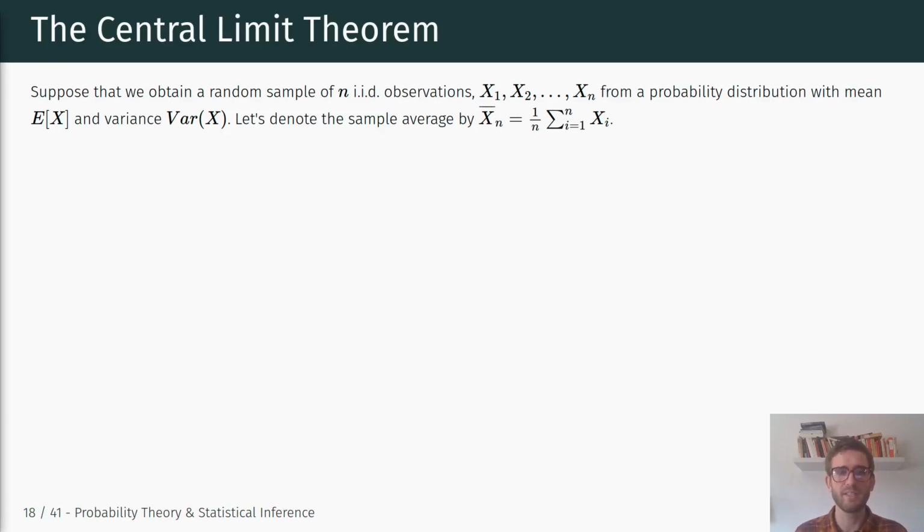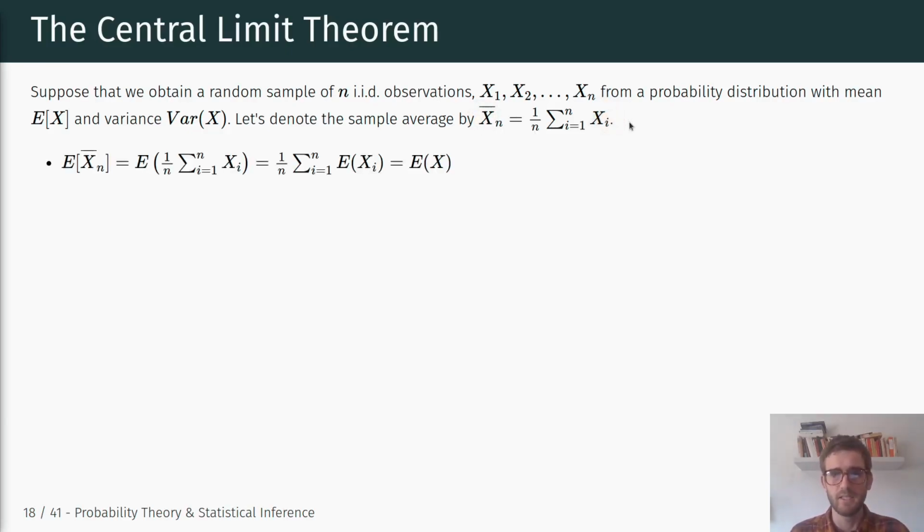We can denote the sample average as x n bar, which is 1 over n times the sum from i equals 1 through n of x i, okay? So this is just the average over all x i's, okay?